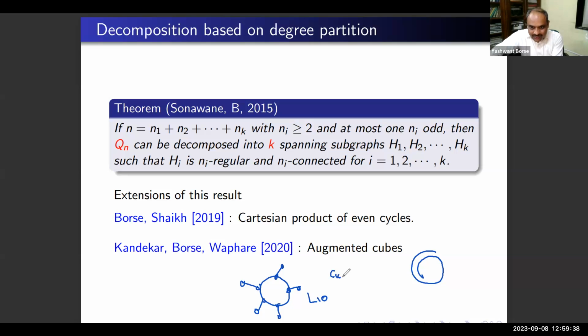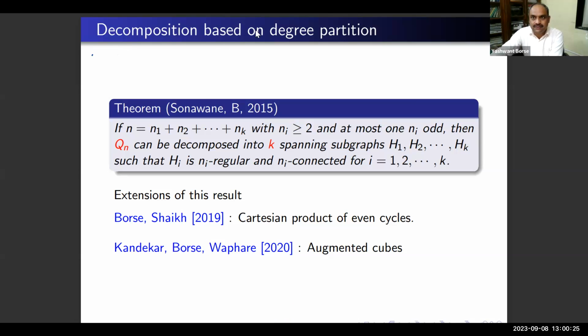From Ck you get the sunlight graph L2k. We proved that if Qn decomposes into Ck, then it decomposes into L2k. So sunlight decomposition can be obtained from cycle decomposition. This is a recent result, and the paper is communicated. Some smaller results are obtained, but general results on sunlight decomposition of Qn using cycle decomposition of Qn are still not published. This is all from my side.